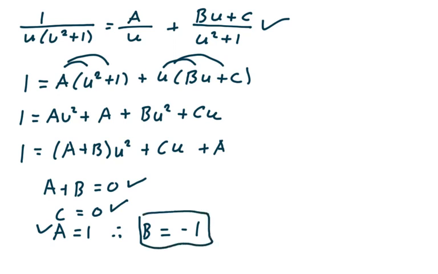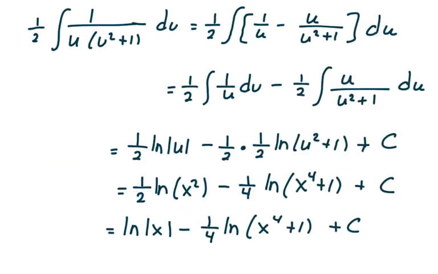Because that's the only way that A plus B equals 0. And with that, 1/2 the integral of 1 over u times the quantity (u squared plus 1) du is 1/2 the integral of (1 over u minus u over u squared plus 1) du.